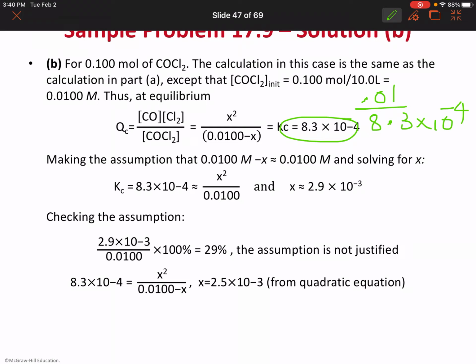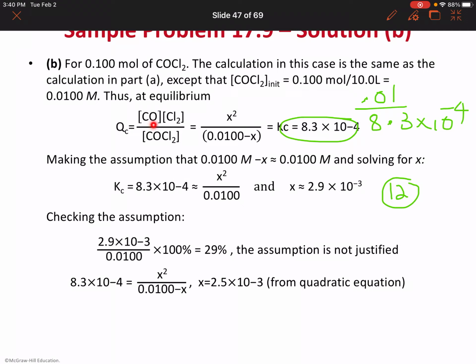That's 12, right? Did you get 12 too? So that is 12, meaning it's less than 400. So it looks like we cannot use the simplified version. We will have to go the long way to find the x.